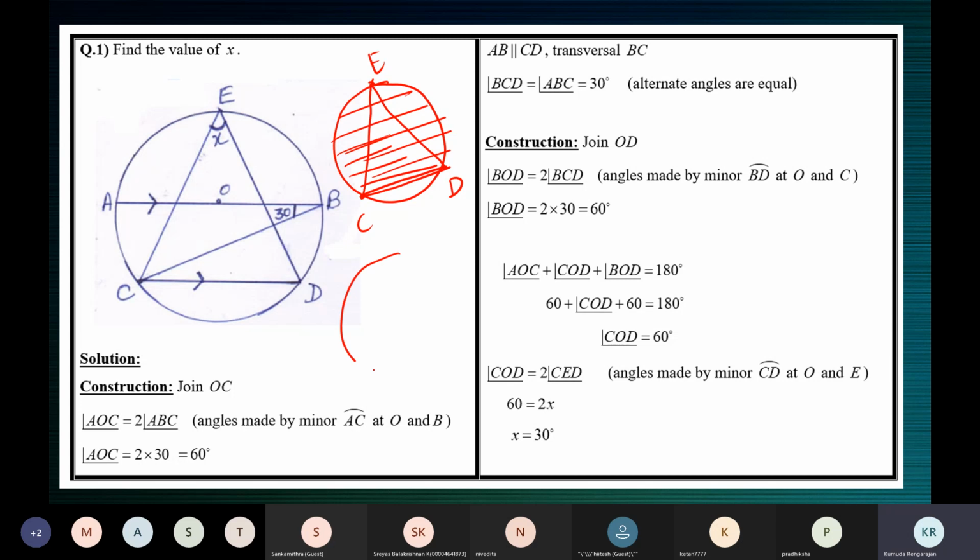But angle ABC is made by this chord, and this is its major segment. They are completely two different segments, so you cannot connect these two angles by the theorem. Angles in the same segment of the circle are equal means the two angles are subtended by the same arc, made by the same arc at two different points on the circumference of the circle.